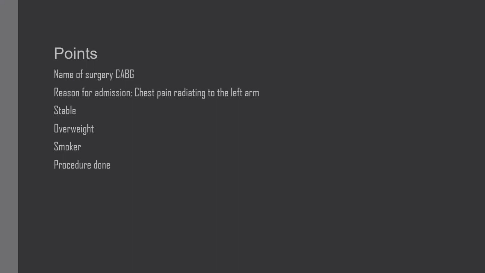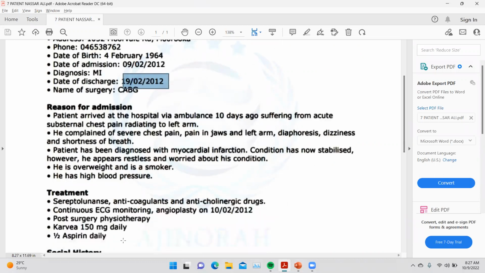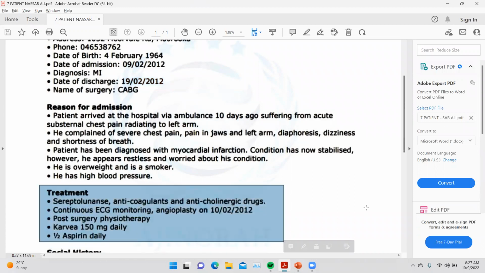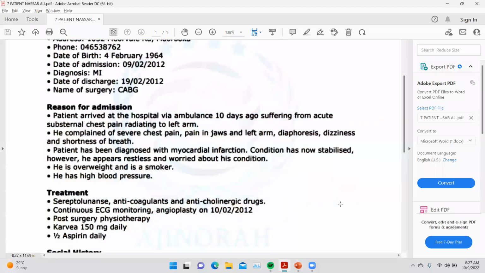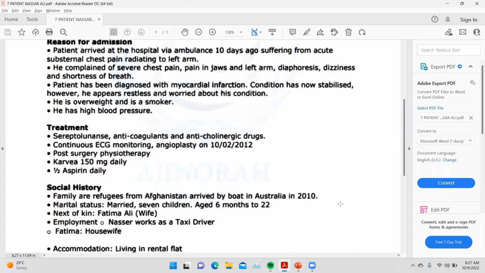Then the procedure done, that we wrote in paragraph number 2. Then the treatment, in treatment do we need anything? No, all these are medical conditions, so we don't want anything from here, because the social worker doesn't want such kind of information. Then social history, right?